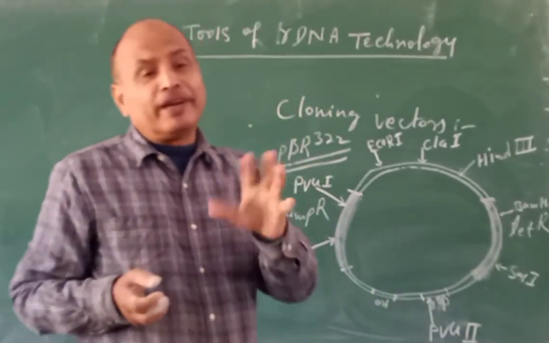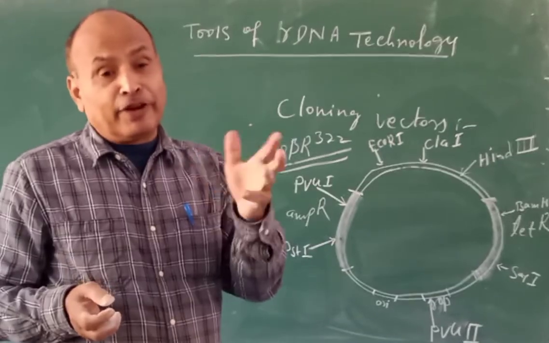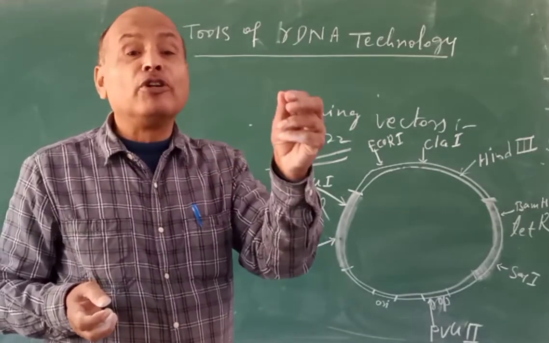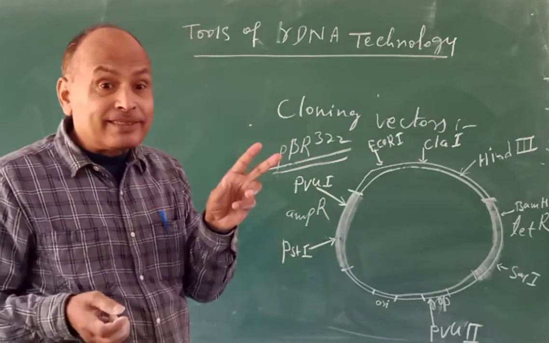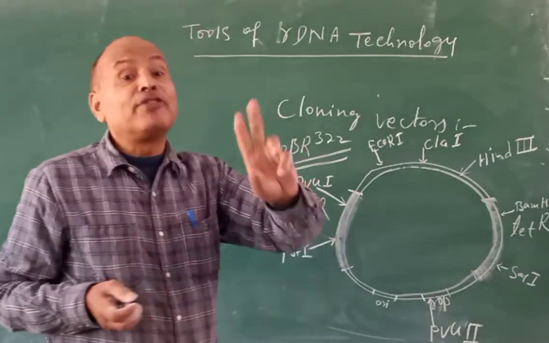So these are the different restriction endonucleases that can cut this vector at different sites.